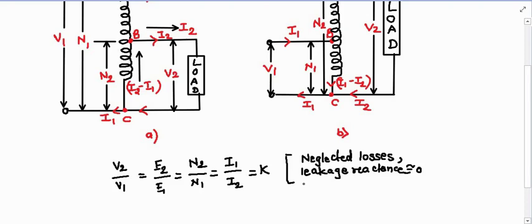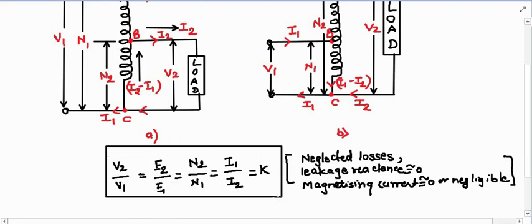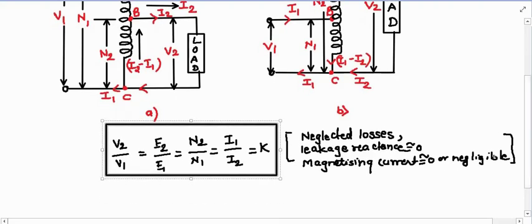And we have assumed that the magnetizing current is very small, approximately equal to 0, or negligible. That's why V2 upon V1 equals E2 upon E1 equals N2 upon N1 equals I1 upon I2, which is nothing but the transformation ratio K.